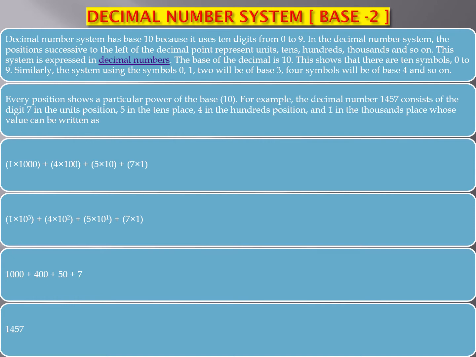We get 1457. It can also be expressed as 1 into 10 to the power of 3 plus 4 into 10 to the power of 2 plus 5 into 10 to the power of 1 plus 7 into 1. We get the same answer, 1457.